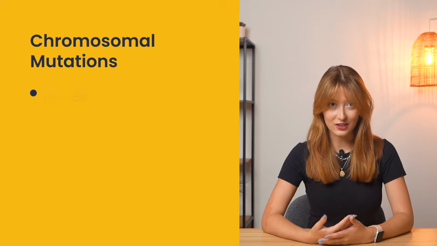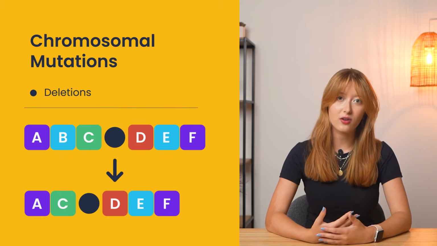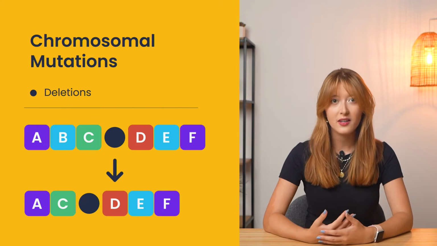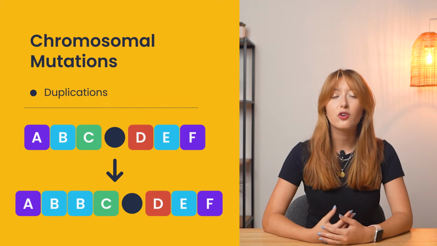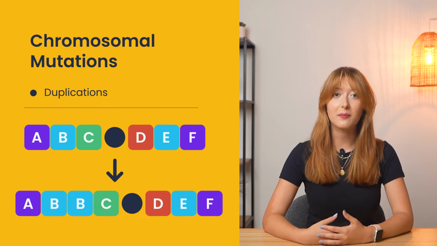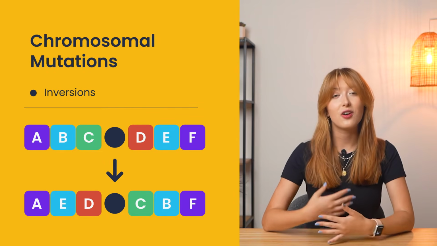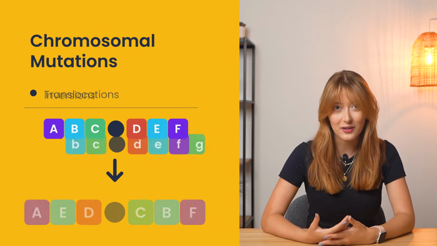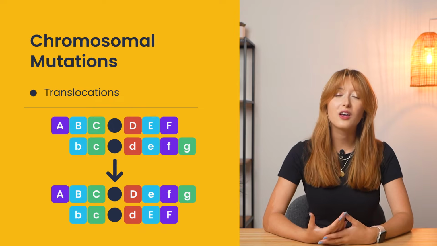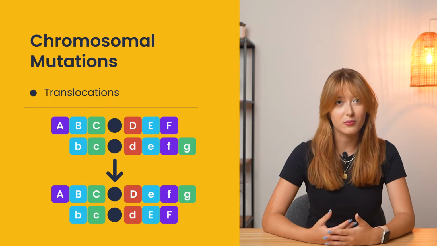These include deletions, where a section of a chromosome is lost, which can remove multiple genes; duplications, where a section of a chromosome is copied, leading to extra genetic material; inversions, where a segment of DNA is flipped, which can disrupt normal gene function; and translocations, where a piece of one chromosome attaches to another, potentially disrupting multiple genes.